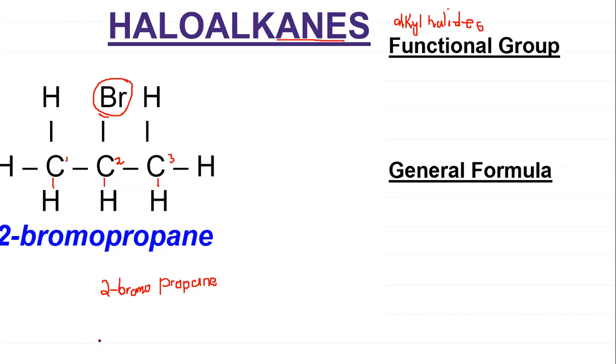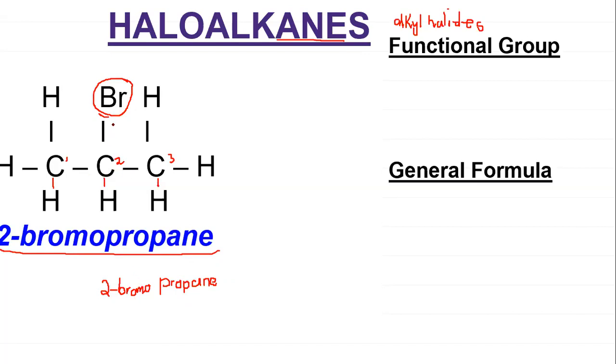Are we together? So the name of this molecule is then called 2-bromopropane. And hence I've put it down there for you. I'm saying that this is 2-bromopropane. So you start with the parent chain. You then include the functional group, but you shorten it. You know it's bromine, but then you will call it bromo.